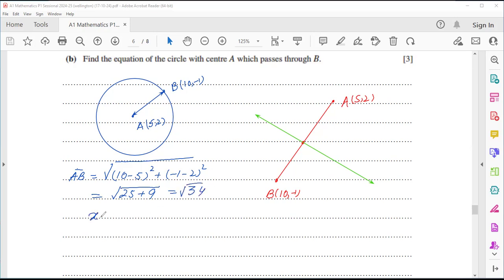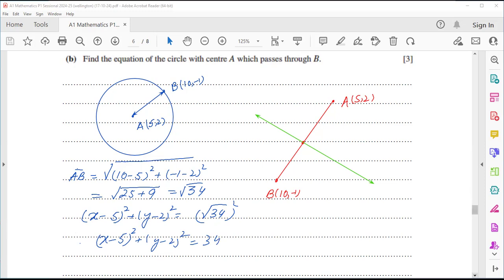So the equation is (x − 5)² + (y − 2)² equal to the square of root 34. So the equation of the circle is (x − 5)² + (y − 2)² = 34, if I'm not wrong.